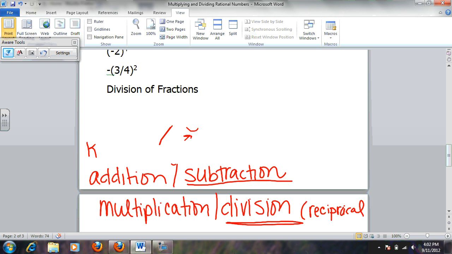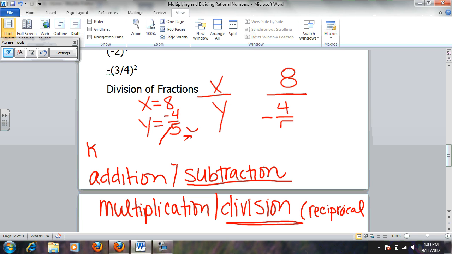Using that same expression, x over y. Evaluate when x equals 8 and y equals negative 4/5. 8 over negative 4/5.